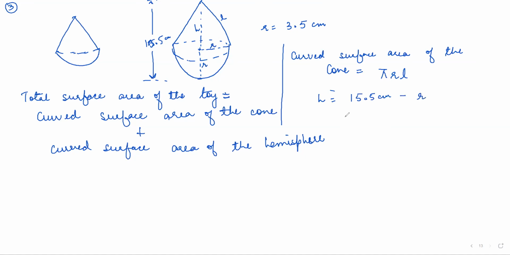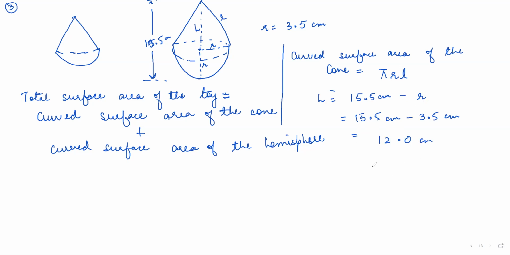That is 15.5 centimeter minus r, which is given in the question as 3.5 centimeter. So that becomes 5 minus 5, 0. Then 5 minus 3 is 2, 12 centimeter, right? So this is my h.